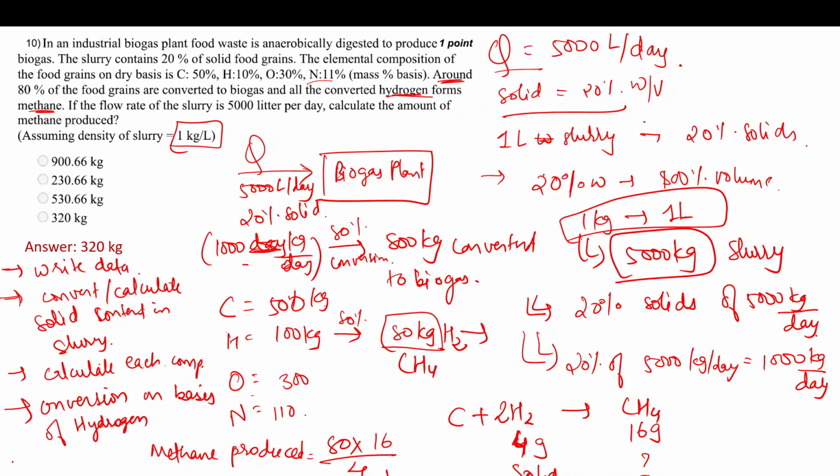So you note that down, write down the reaction and balance it. And the last step would be, for the given 80% conversion of hydrogen, calculate methane production.